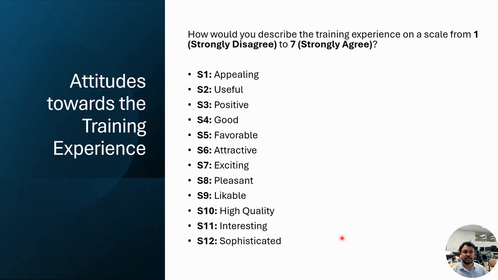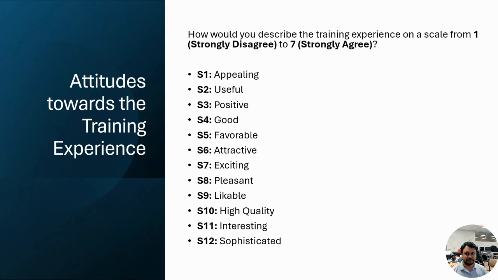Okay, now we'll discuss the questions S1 to S12. The question was, how would you describe the training experience on a scale of 1 to 7? 1 is strongly disagree and 7 is strongly agree.